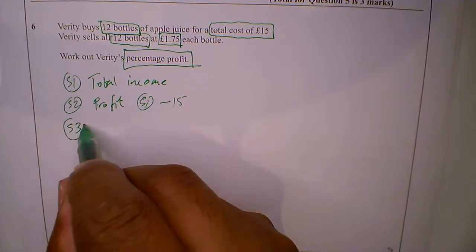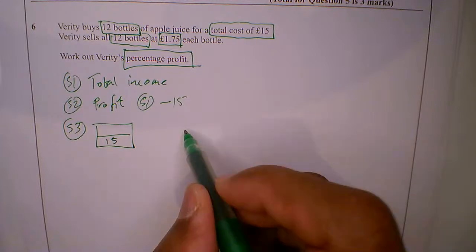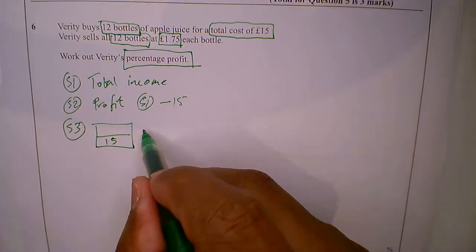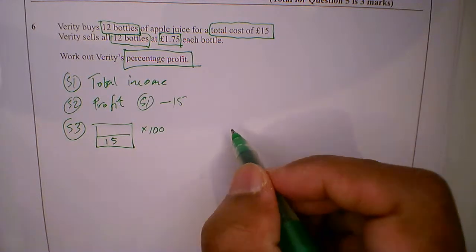And then step 3, I want to make it a percentage profit. So my denominator is going to be 15 because that's my cost. My cost goes as my denominator. And then I will multiply it by 100 to change it to a percentage.